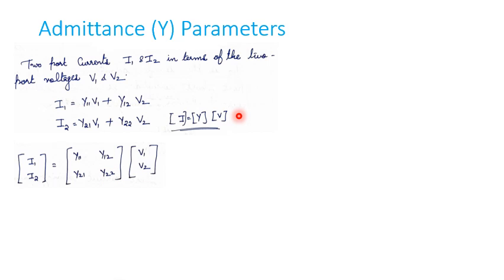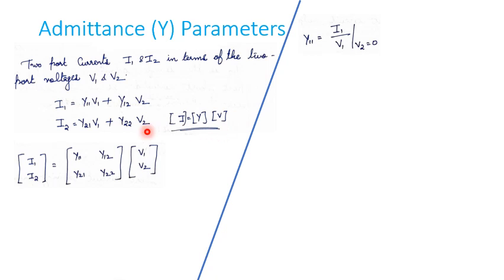Let's check each one. The first one is Y11. From the first equation itself, we can write Y11 is equal to I1 by V1 provided V2 is 0. V2 equal to 0 means the output port is short circuited. So Y11 is the driving point admittance with the output port short circuited. It is also called short circuit input admittance.